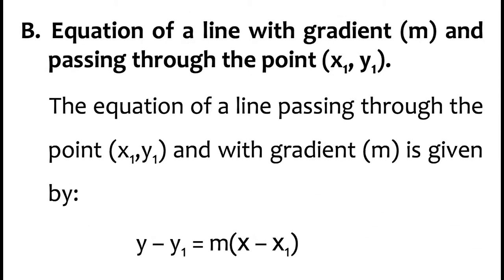The equation of a line passing through the point (x1, y1) is given by y minus y1 equals m into x minus x1.